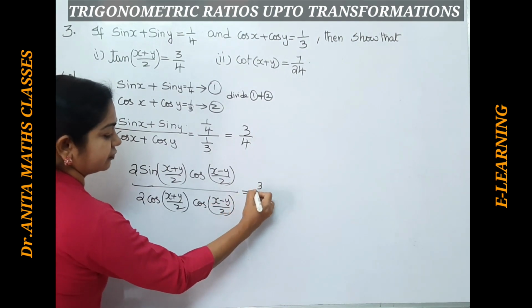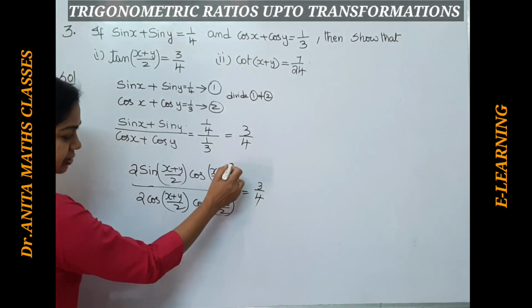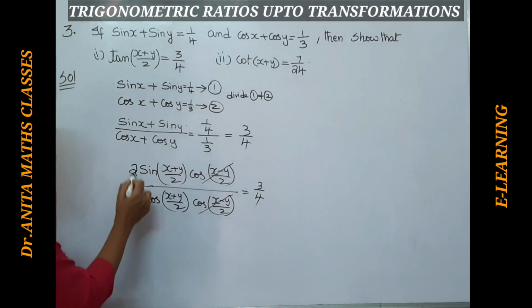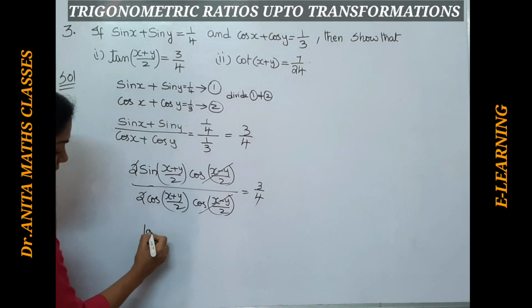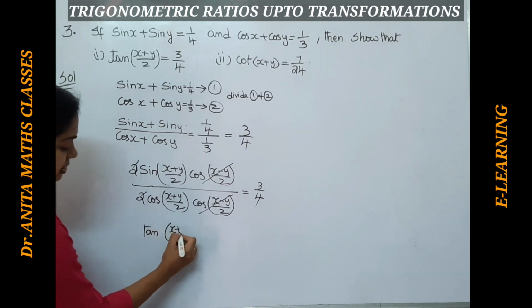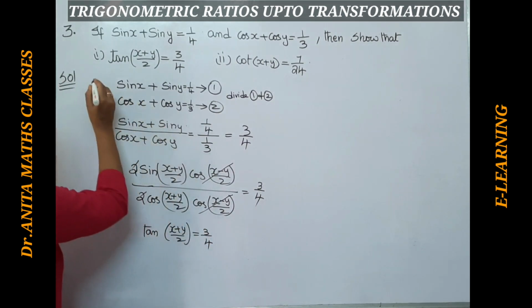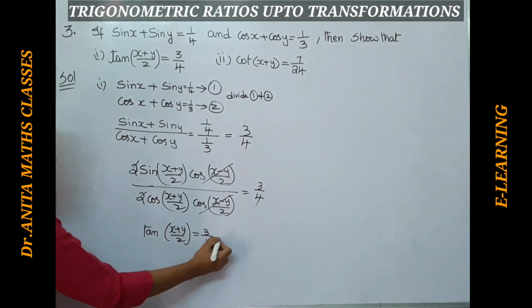So here we have 3 upon 4. We can cancel off cos of (x minus y) by 2, and the 2s also get cancelled. This becomes tan of x plus y by 2 equals 3 by 4. So this is the first part. We have proved it.